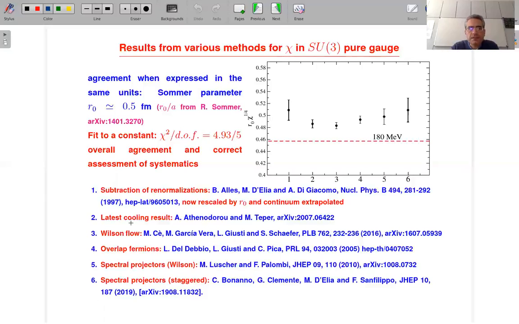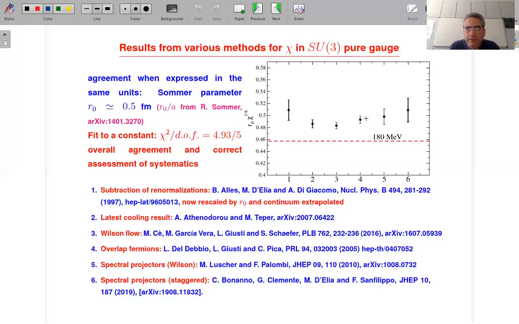The cheapest method of all is cooling. Also the Wilson flow, but there you have to integrate differential equations. In some sense it is better because it is a continuous cooling, while standard cooling goes step by step, so it is much faster and cheaper. This is the reason why you can see here that cooling and the Wilson flow have the smallest errors overall.